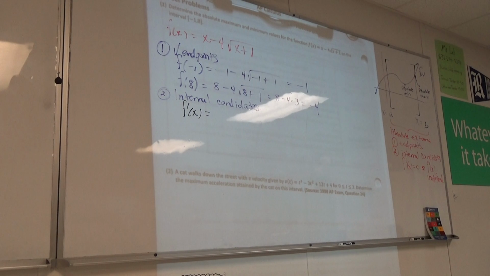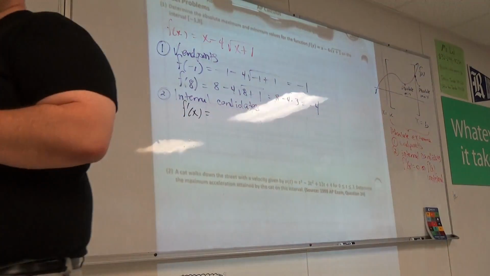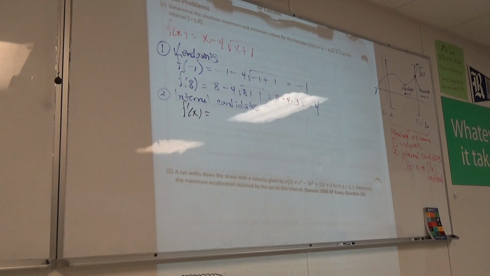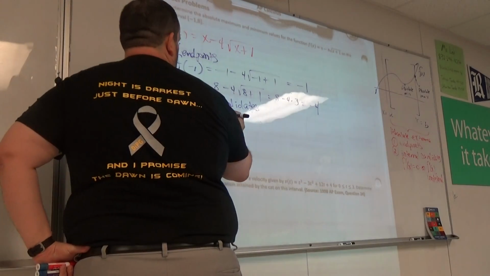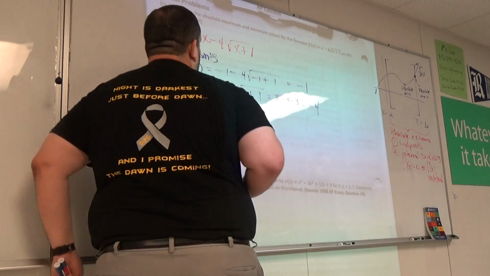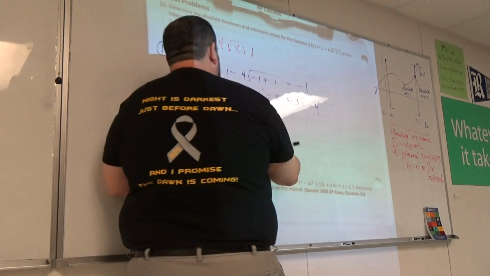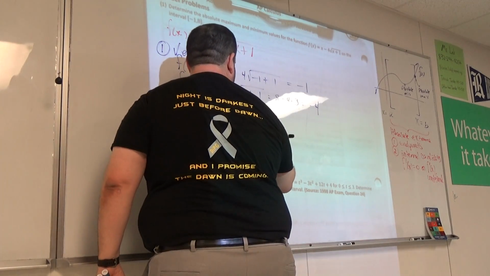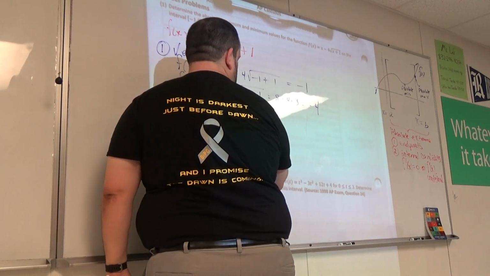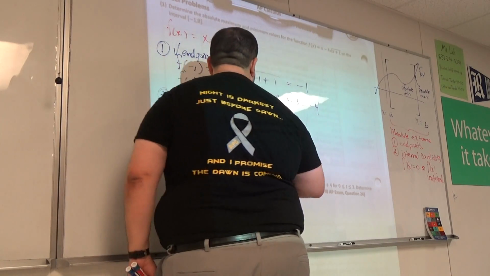X minus 4 times the square root of x plus 1. So 1 minus 4 times, I need the derivative of the square root of x plus 1, which is 1 over 2 times the square root of x plus 1 times the derivative of the inside, which is 1.